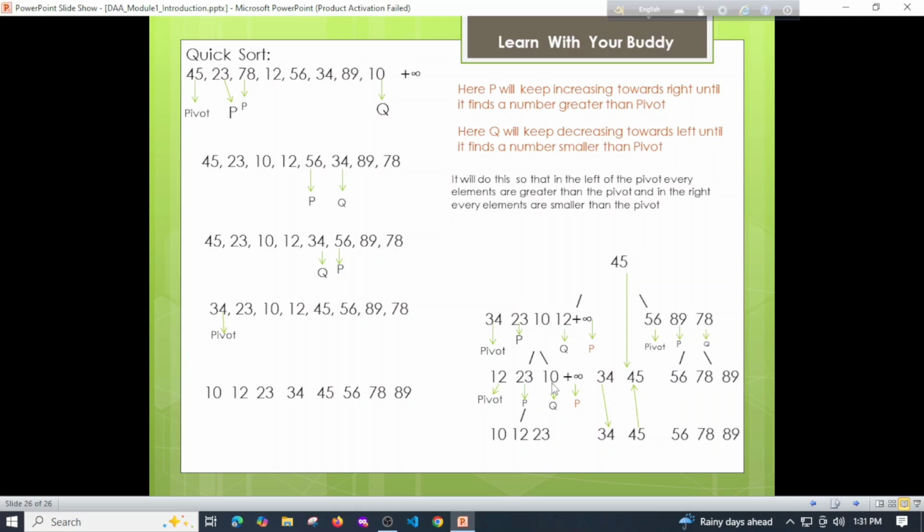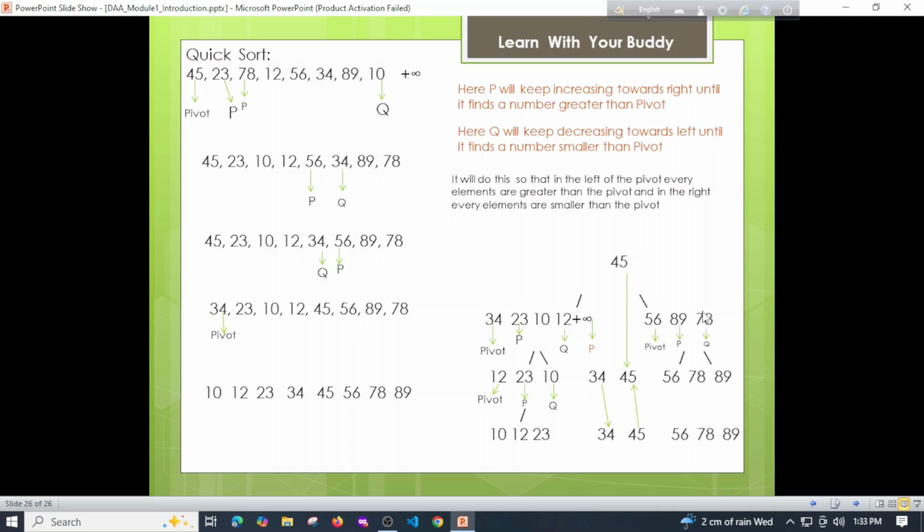Now we will work with the elements on the right side. Here we can see that 56 is the pivot, the immediate element P is 89 and Q is 78. Is P greater than the pivot? Yes, so P remains the same.